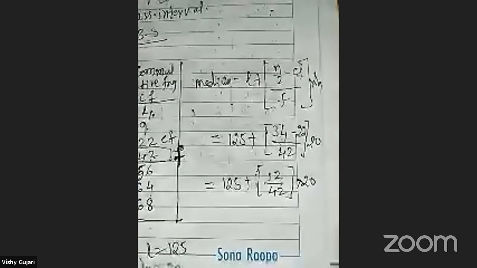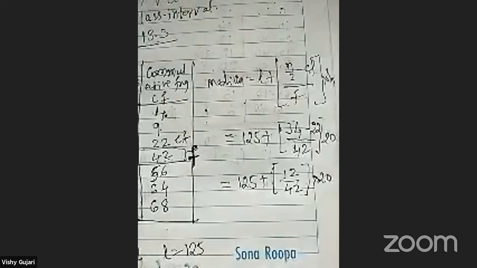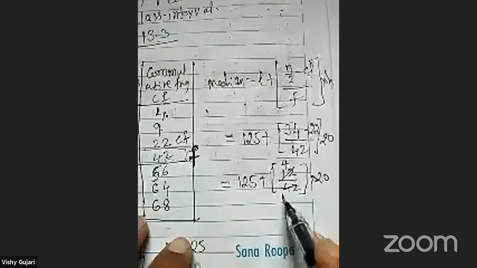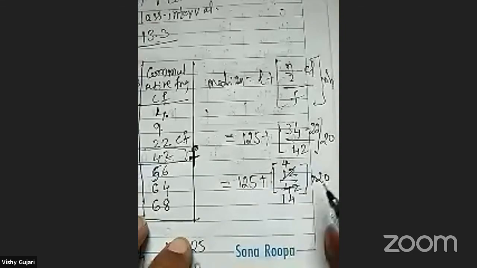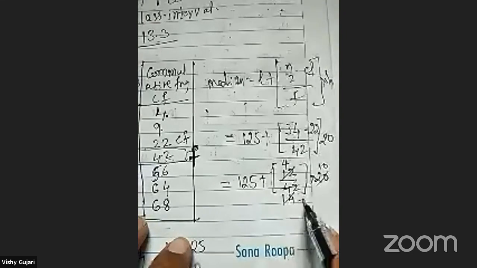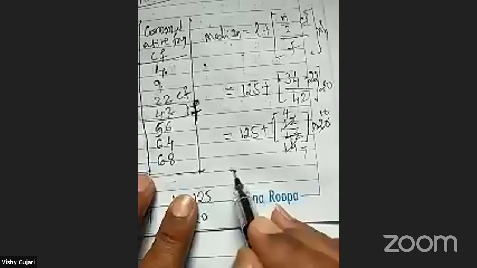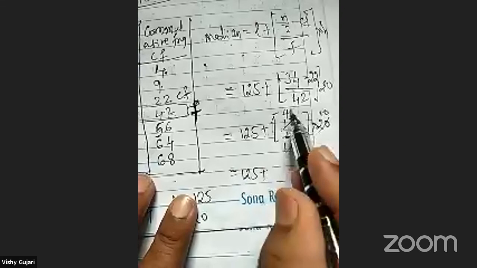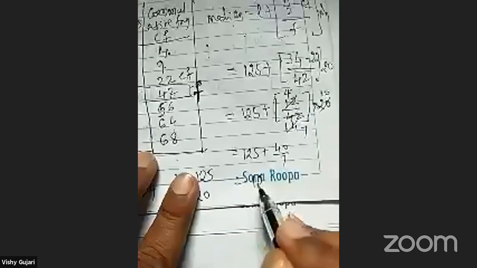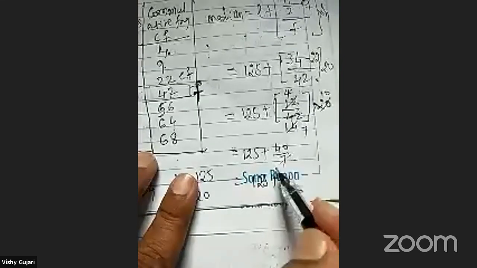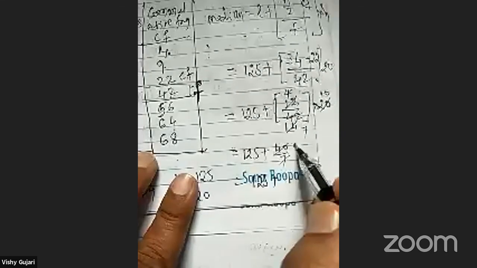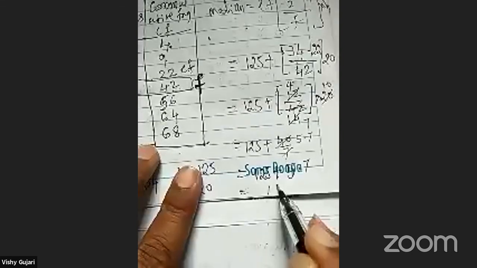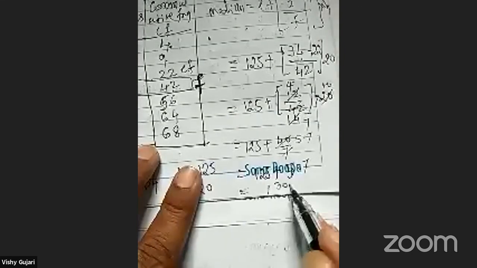It cancels by 3: 125 plus 40 divided by 7. 125 plus 5.7, that is equal to 130.7. Write down.